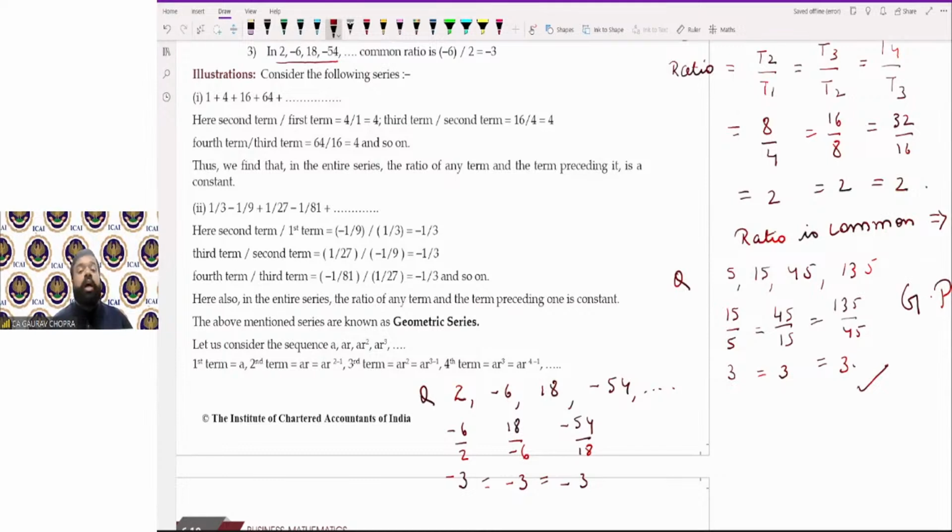So all are same. So here again, the ratio is common, so it is a GP. All right. So in this way, you can simply find whether it is a GP or not. Okay.